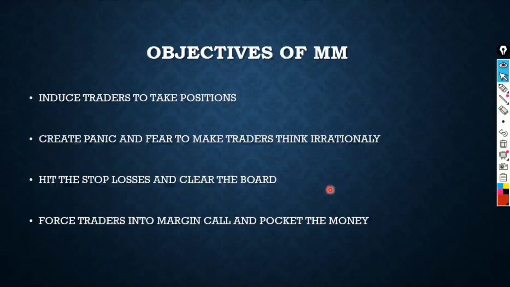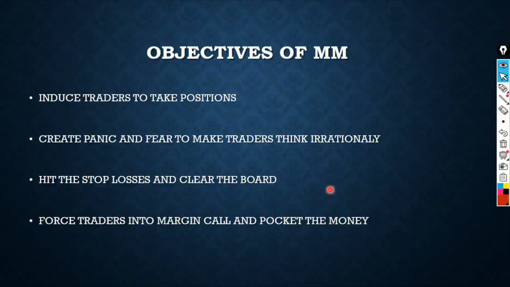The objectives of the market maker are to induce traders to take positions. If you have $1,000 sitting in your account without clicking a buy or a sell, this money has no use to the market maker. So he needs to induce you to buy or sell, then he will do something to make you lose.